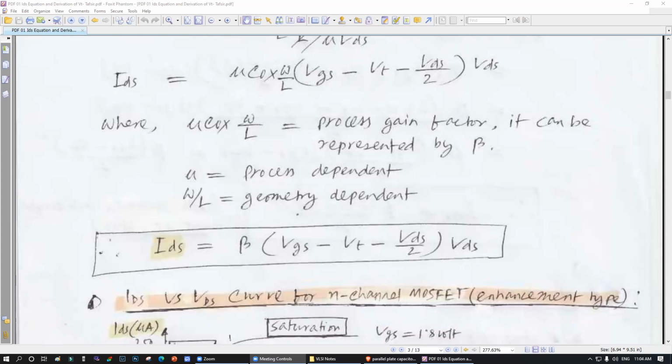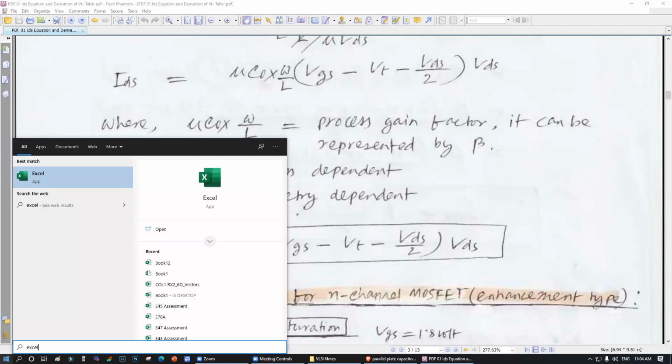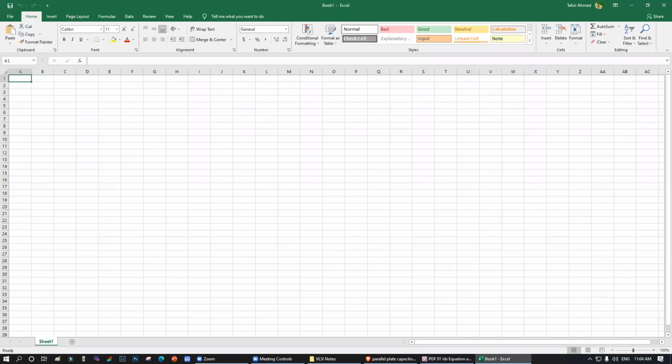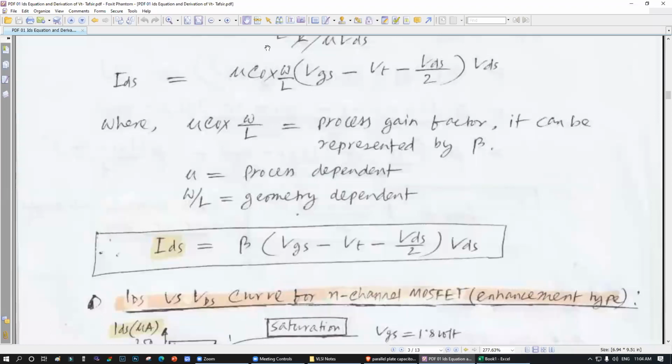Let me show you a graph. I'm going to go to the Excel and make a graph for this. Okay, our beta, let's say our beta is 10. How much? Let's say beta is 10. So let's say our VT is 1. VT is what? 1. Okay, got it, everyone? Yes, sir.